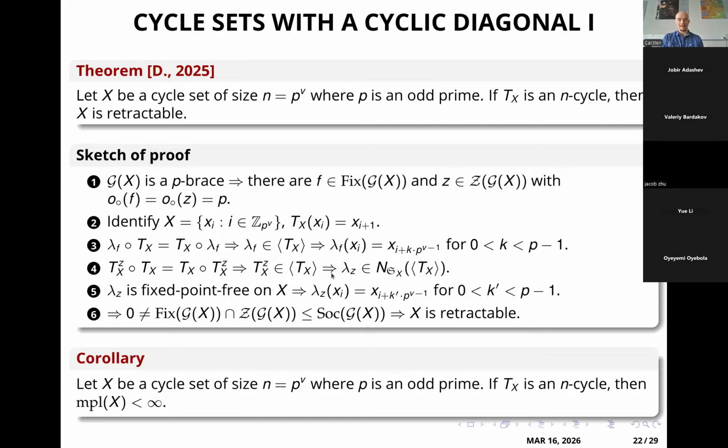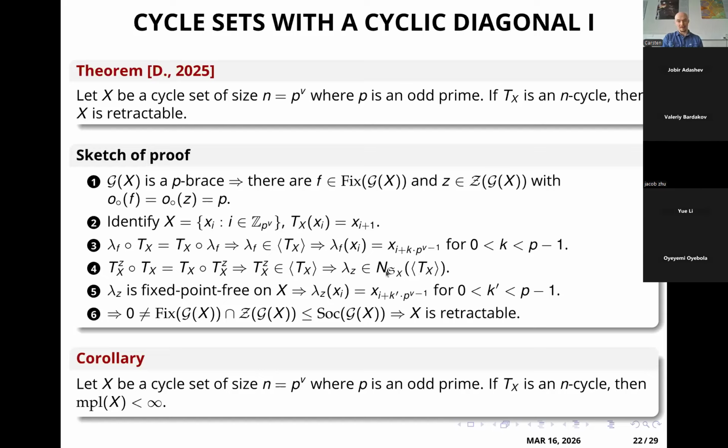So we know that lambda z itself has to normalize this group. So it's in the holomorph. And on the other hand, central elements act without fixed points if we are given a transitive permutation group. So we know that we're looking for a fixed point free element in the normalizer of n.